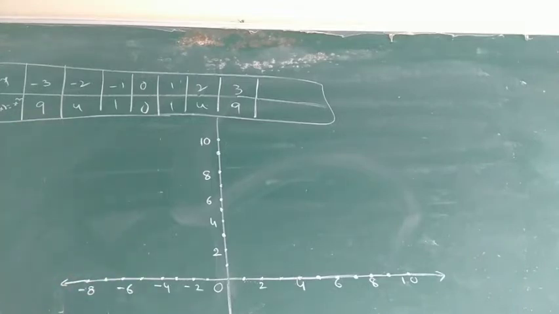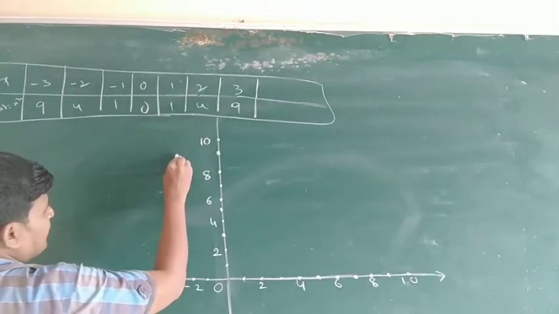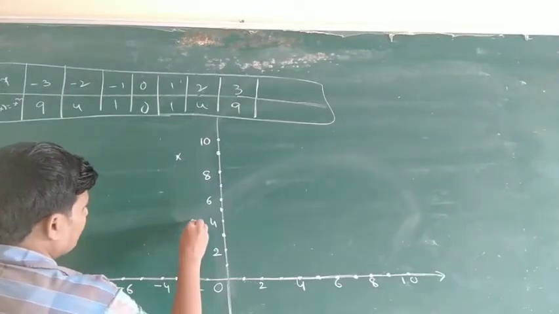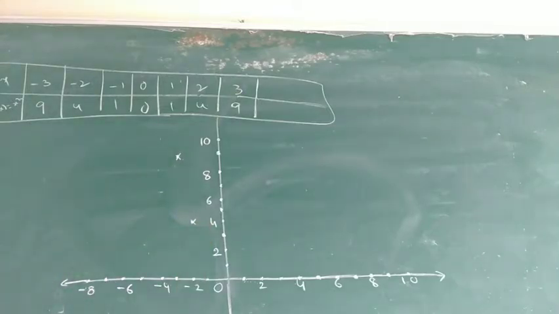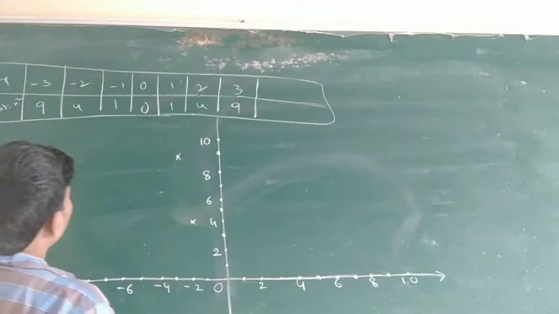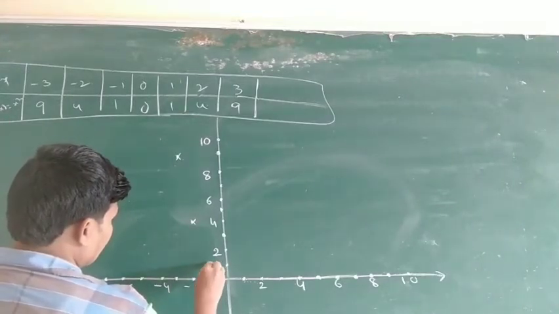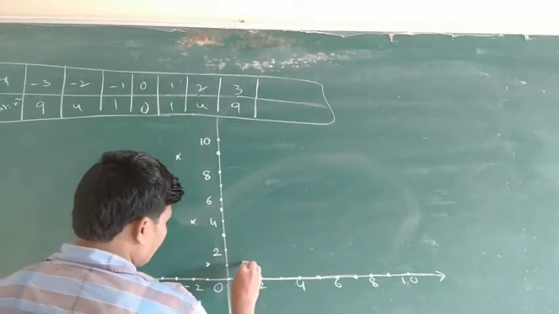Okay, so first, minus 3 gives 9, minus 2 gives 4, minus 1 gives 1, 0 gives 0, 1 gives 1.